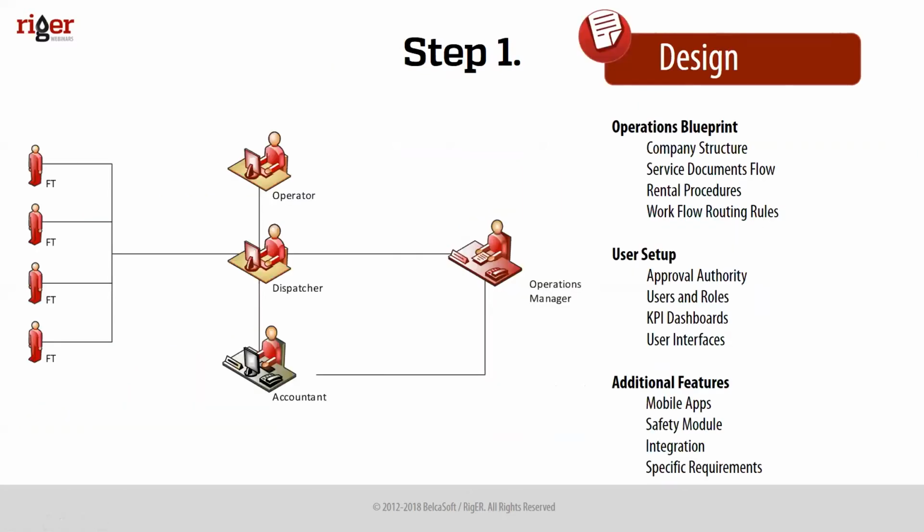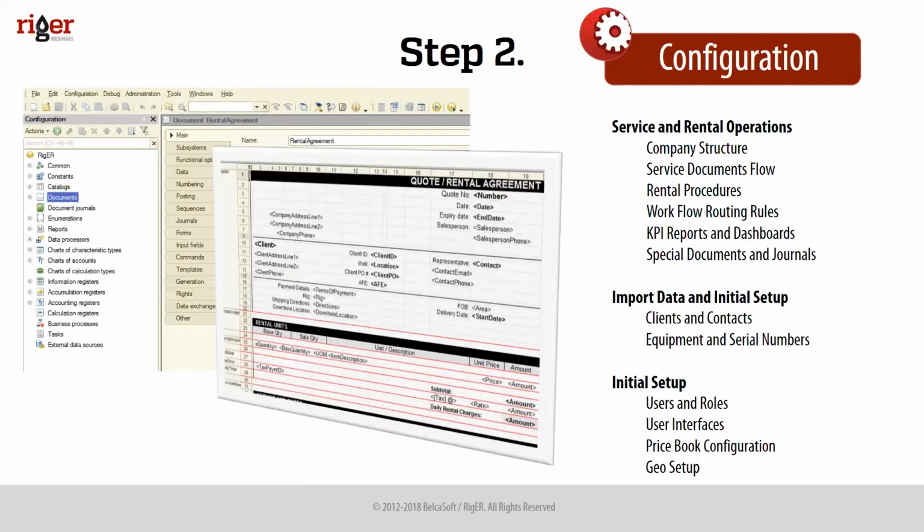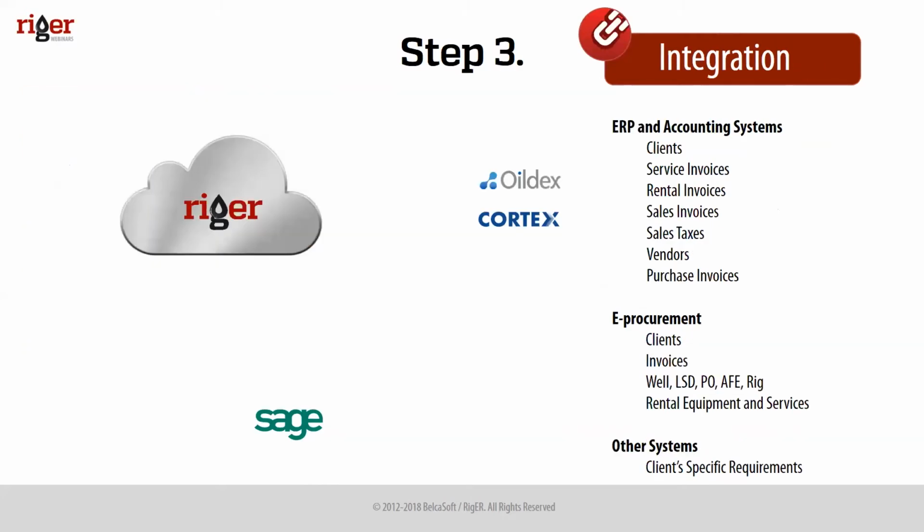So step number one, usually it's operation blueprint, understanding what kind of business requirements we have, user setup, and figure out what kind of additional features we can add to the system. Step number two is actually coding, when we add more flavor to our product and run some internal development in the system.